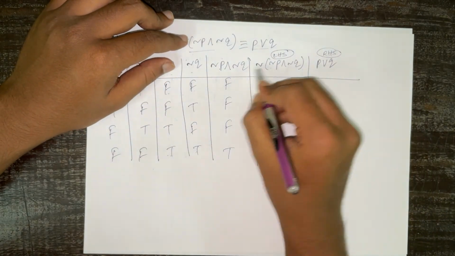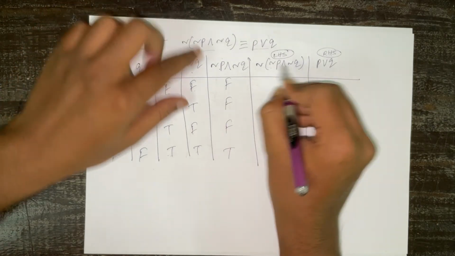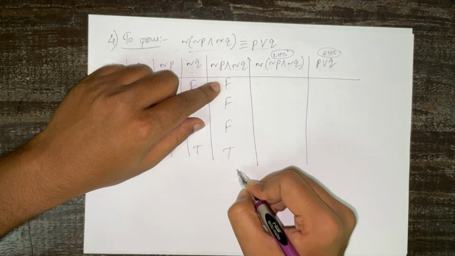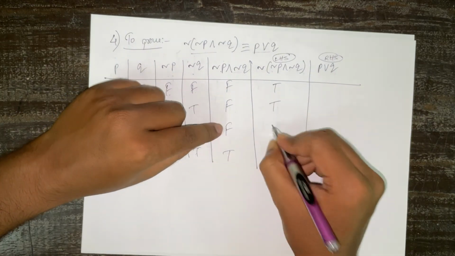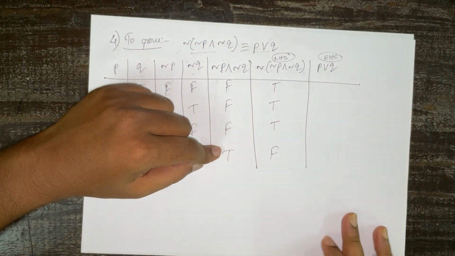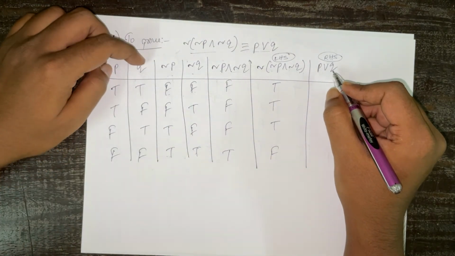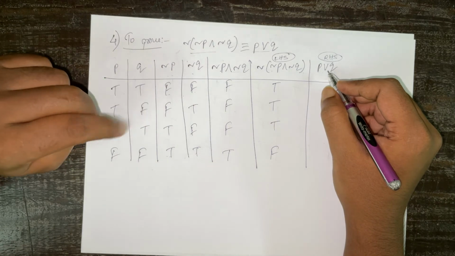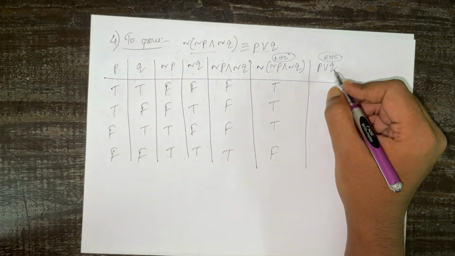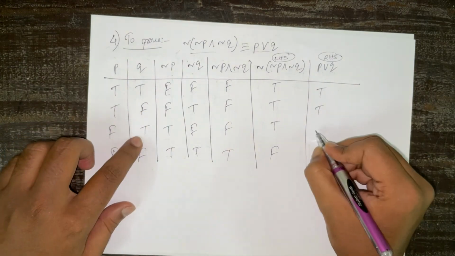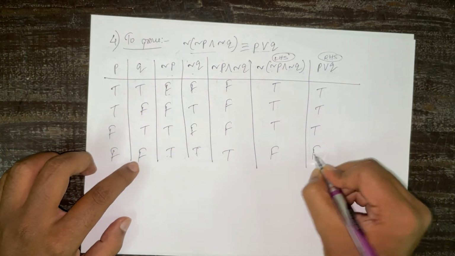Now negation of this part, that means negation of this. So negation of this means all the opposite, false, false, false, true. We have to write true, true, true, false. Okay. Now p disjunction q. In this case, if either of the one is true, then p disjunction q is also true. So true, true, so true, true, false is true, false, true is true, false, false is false.